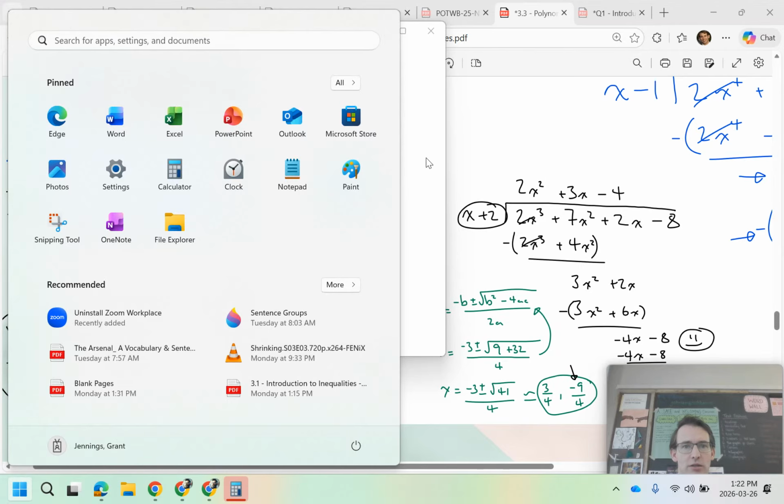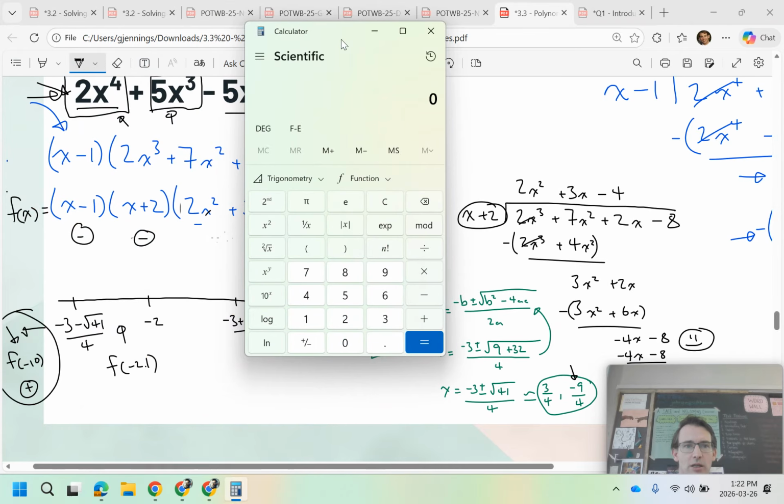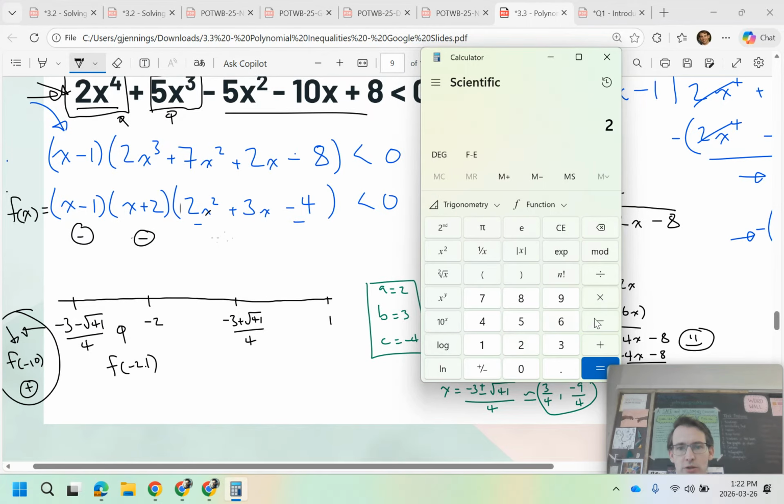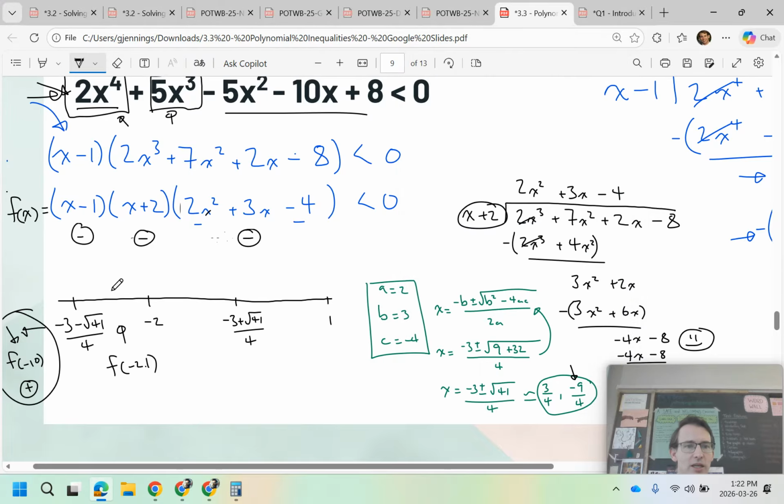Oh, Mr. Jennings, he uses the calculator so infrequently. So 2 times 2.1, but it's negative, and I square it, plus 3 times 2.1, but it's negative, minus 4 equals a negative number. So we have negative times a negative times a negative in this interval, so this interval here is negative.